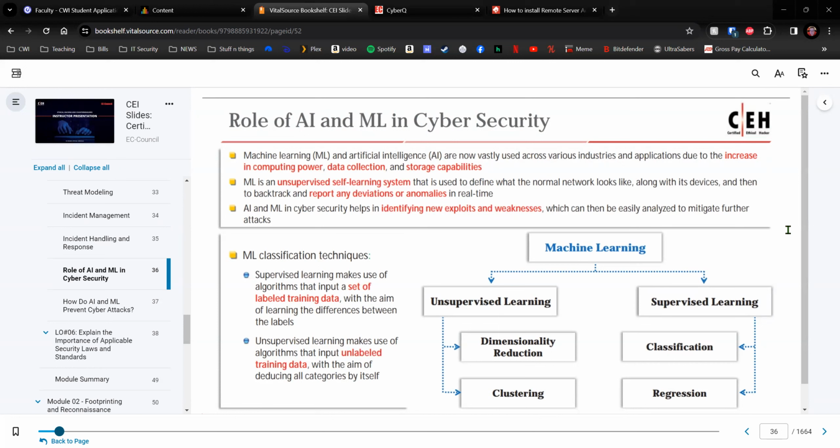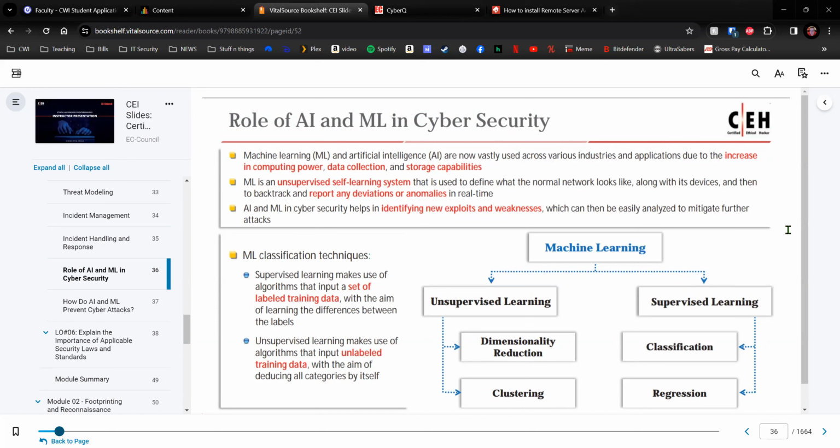Machine learning is an unsupervised self-learning system that is used to define what the normal network looks like along with its devices, and then to backtrack and report any deviations or anomalies in real time. AI and ML in cybersecurity help to identify new exploits and weaknesses, which can then be easily analyzed to mitigate further attacks.